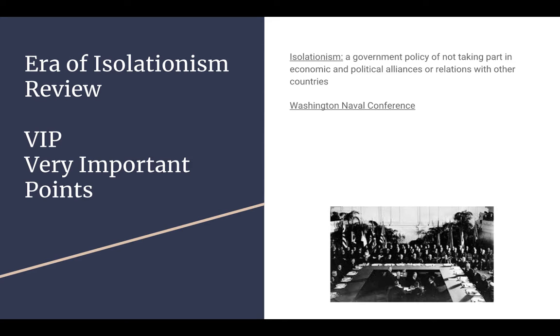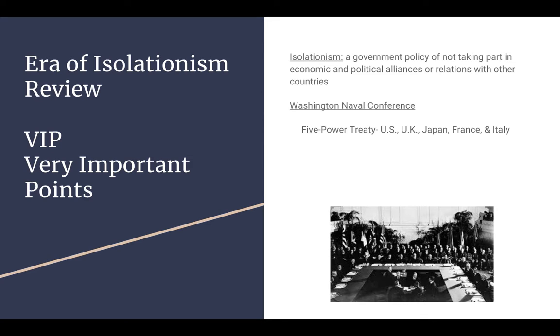So that's the definition that you'll find in the textbook as well as on our Quizlet set. There are three specific treaties that came out of the Washington Naval Conference. First, there's the Five-Power Treaty. This was between the United States, the United Kingdom, Japan, France, and Italy, and this was all about disarmament. They established a certain ratio of warships to limit how many each nation could possess.